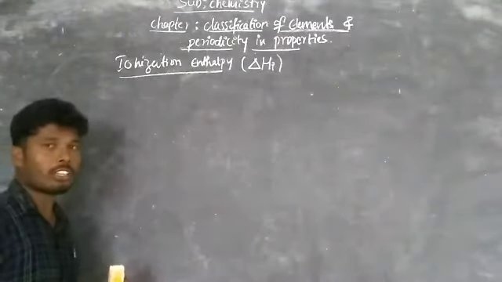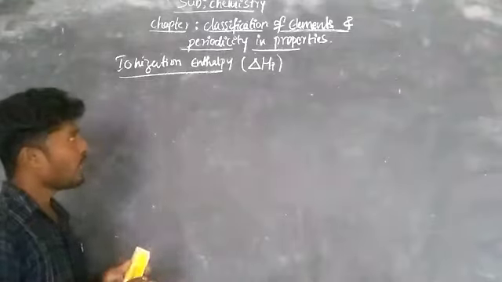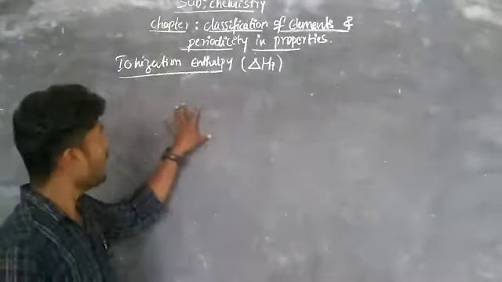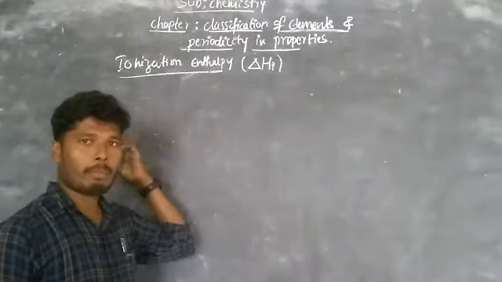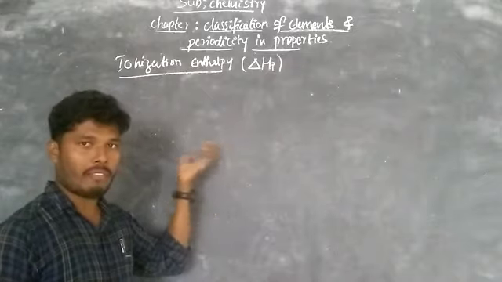Here ionization enthalpy is defined as the amount of energy required to remove one electron from the outermost shell of an element.